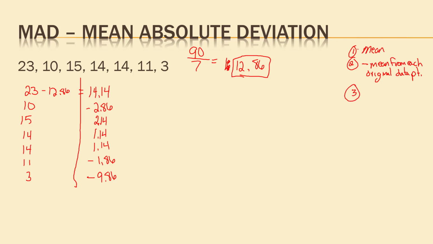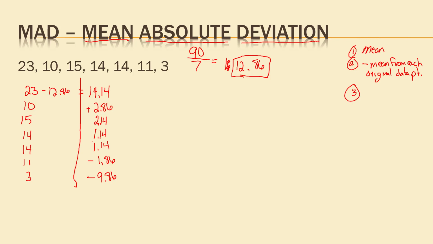Now to step 3. It is mean, which we've already done, and we've dealt with the mean. Deviation, we talked about meant change. That was subtraction. Now we need to look at absolute. Absolute is where we take the absolute value of the change. So absolute value means all of these we're looking for their positive distance.